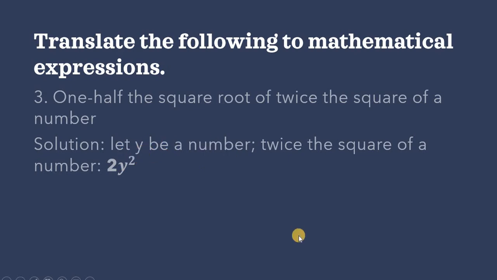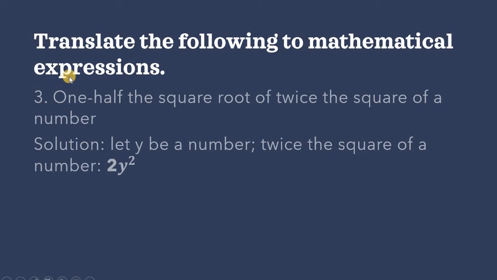So, let y be a number. Twice the square of a number: twice means 2 times, so 2 times y squared, because it says square of a number.